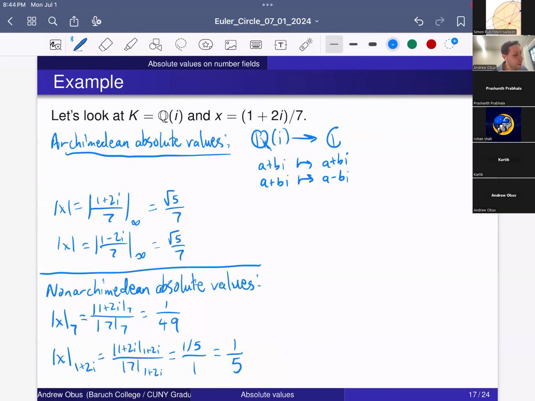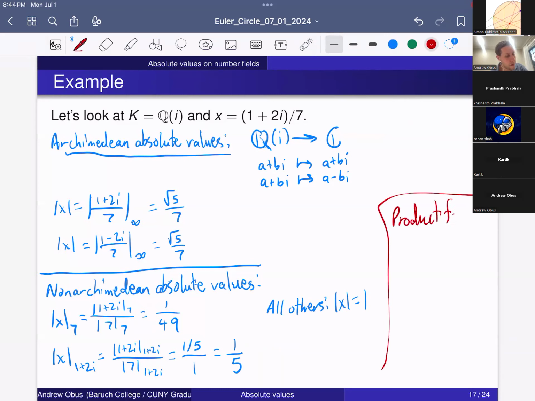And now for all the others, you end up getting that the absolute value of x is equal to 1. So in the end, for the product formula, what do you get? You get square root of 5 over 7 times square root of 5 over 7 times, oh sorry, that's a typo.